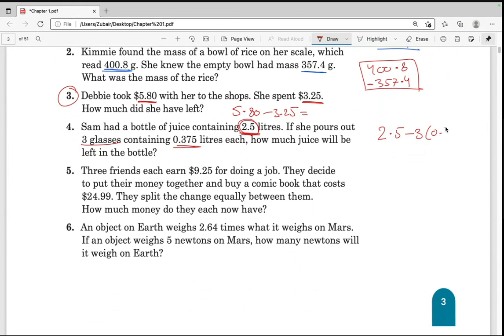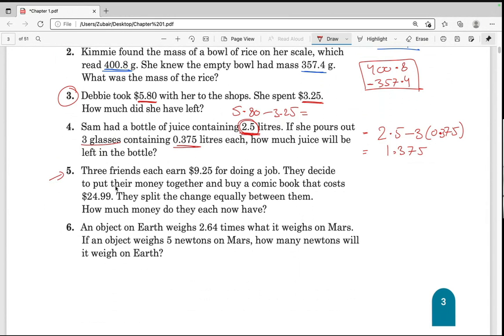Sir, 0.375. Yes, sir. 1.375. Final answer: 2.5 minus 3 into 0.75 is 1.375. 0.375. Very good. 1.375.